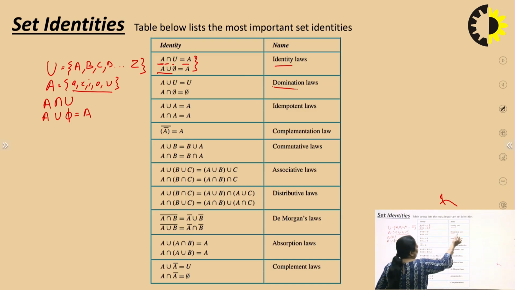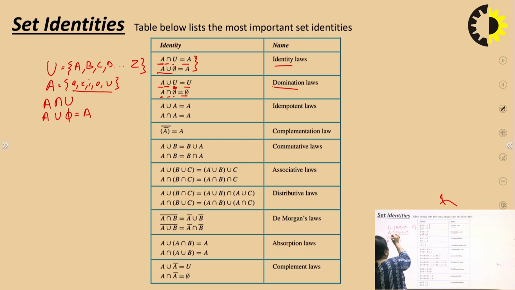Second one is the domination law. That means if we have a set and we apply union with the universal set, we always get the universal set. The major set, the universal set, has dominated over the single set. And if we apply intersection on the same set with the empty set, we get the empty set.